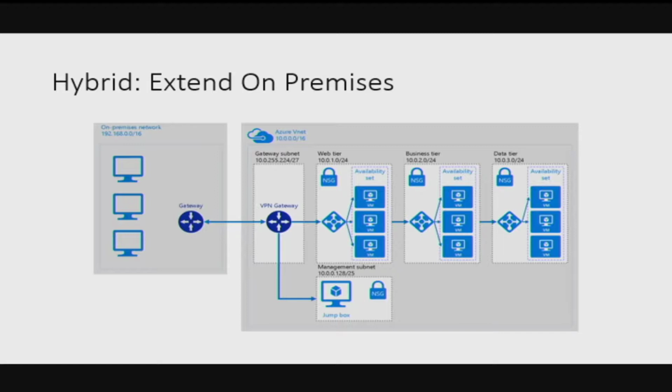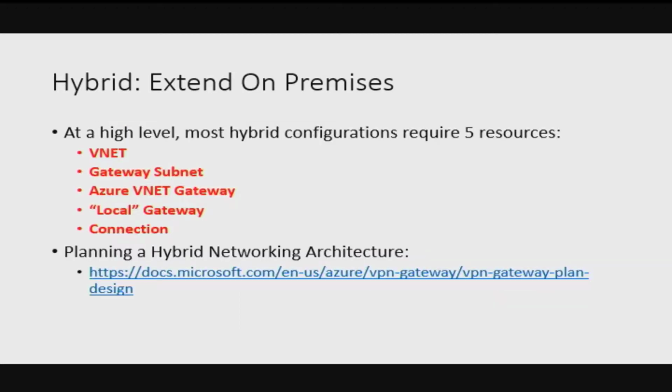Site to site is where you take your data center and attach it to Azure, and both networks can communicate with each other. And then we have ExpressRoute, which is a direct connection into Azure, because VPN goes over the internet.